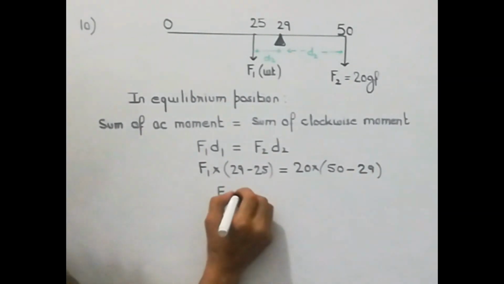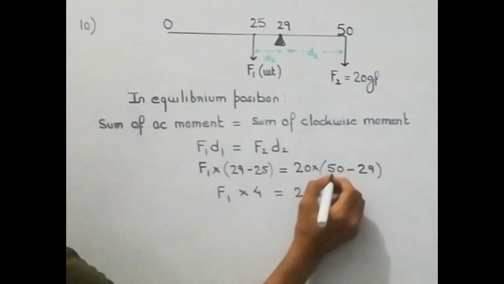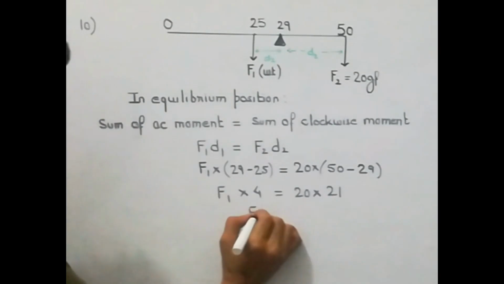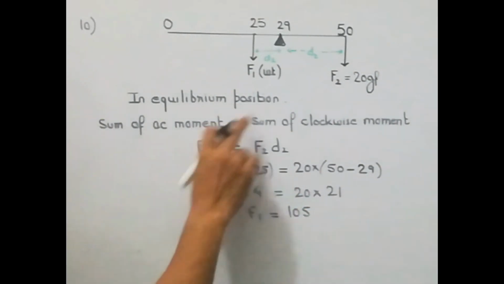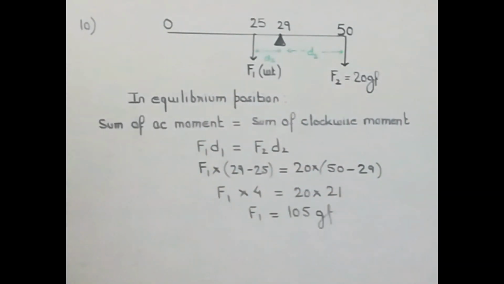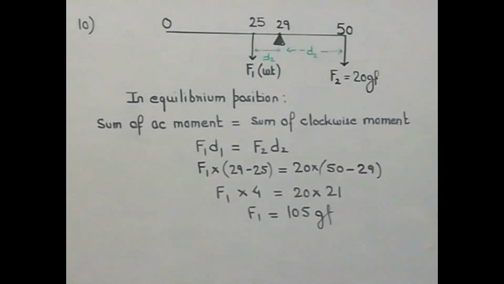So the left side, and on the right side, this will give you 21. So you reduce it by 5. So F1 is equal to 105. Now one of the forces was in GF, so the second force will be in GF. So we have got F1 as 105 GF. Here F1 is representing the weight of the scale. So we can say the weight of the scale is 105 GF.